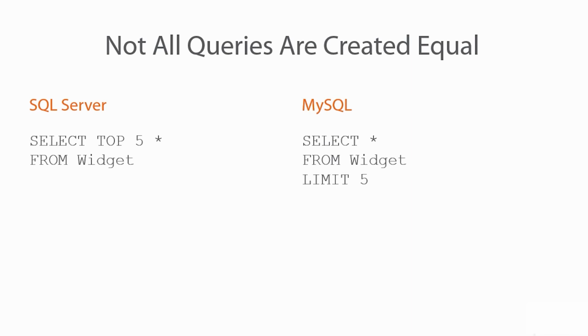Now this is really important because they won't interchange. We can't run a top 5 star against MySQL, and we can't run a limit 5 against SQL Server. So establishing what the database server is a really critical step to mounting your attacks, because you've got to make sure you're running the right syntax. We'll have a look at how to discover that in just a moment.